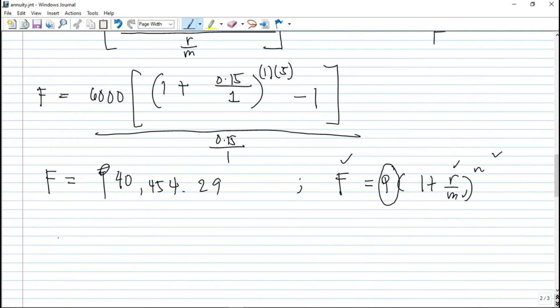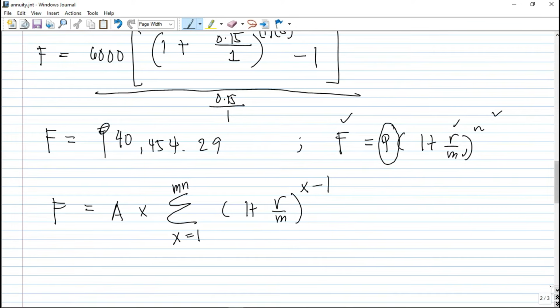So, let's draft first the Caltech here. So, F equals, okay, our annuity times the summation of 1 plus R over M. So, this is raised to X minus 1. So, this is from X equals 1 to Mn. So, this is the exact look of that Caltech in your calculator.